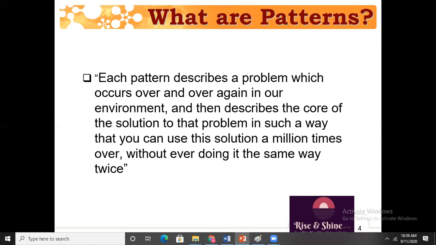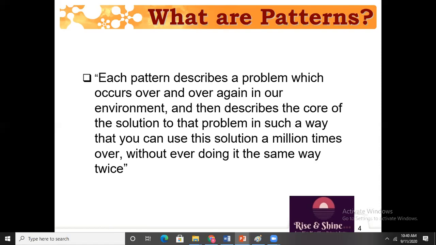So there are such patterns in software development also. Whenever a problem occurs while developing software, some solutions are there, or some experienced person will find out the solutions. And they collectively store it in some repository, or they are cataloging it.